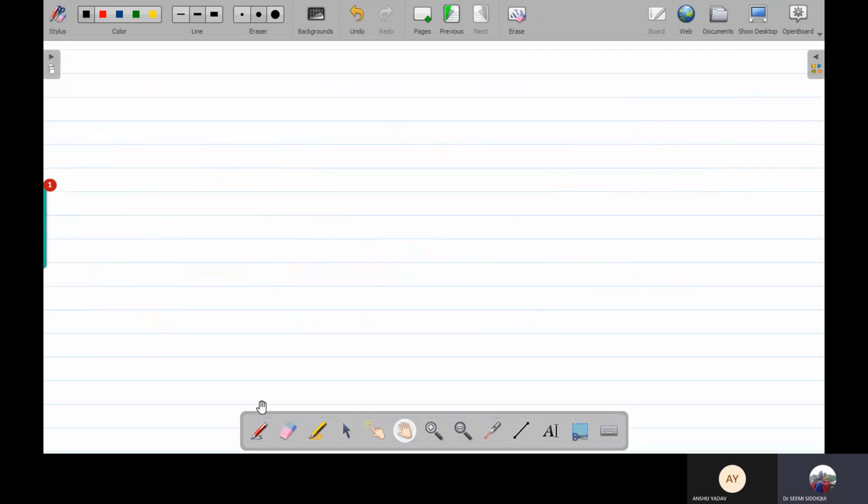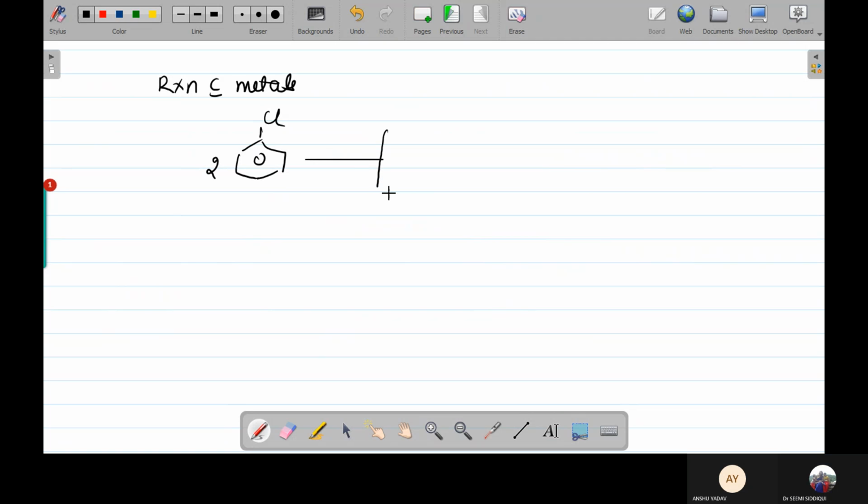Next reaction, chemical properties. If you are going to react with metals, over here I have taken chlorobenzene, 2 molecules, making it react with sodium in the presence of ether. So we are going to get diphenyl.